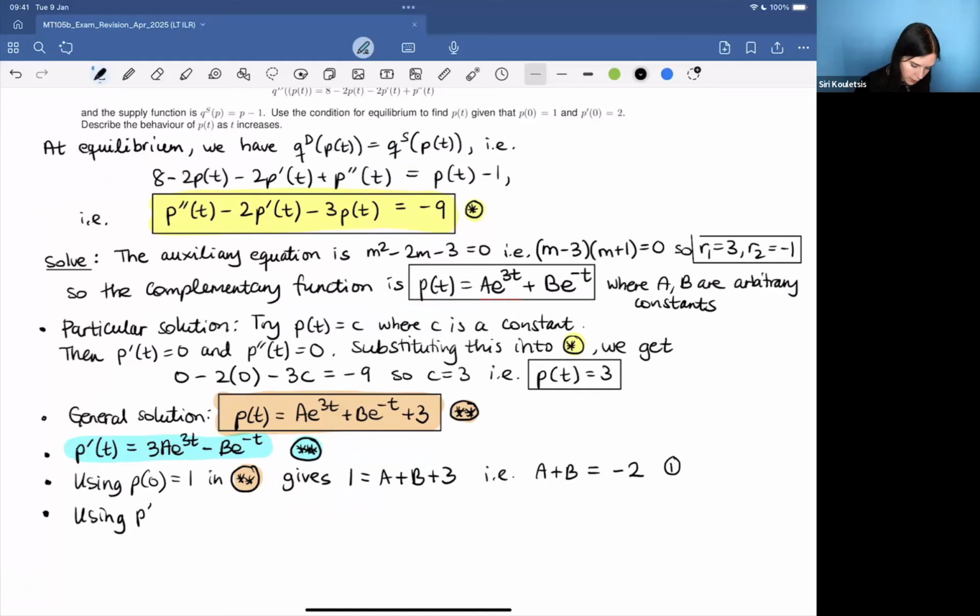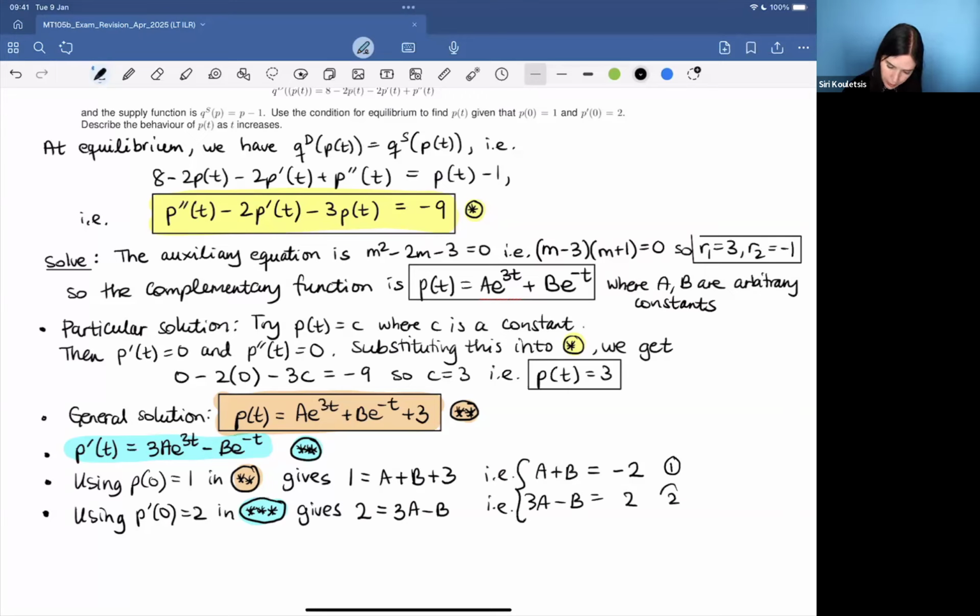Now using P prime of 0 equals 2 in our expression for P prime above, that gives us the second equation in this simultaneous system that we now solve to find A and B. Now it's simple to see here that we can add 1 and 2, then the b terms vanish, and we get 4a equals 0.